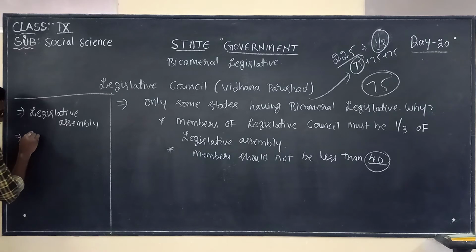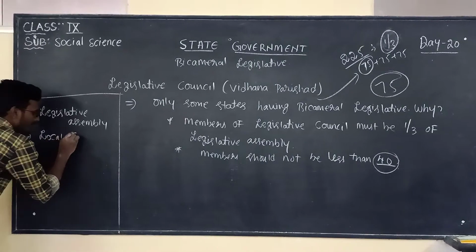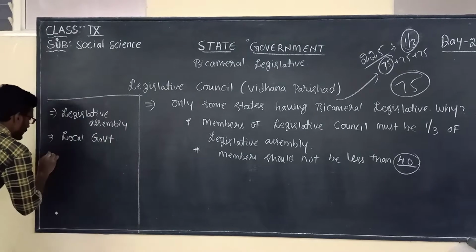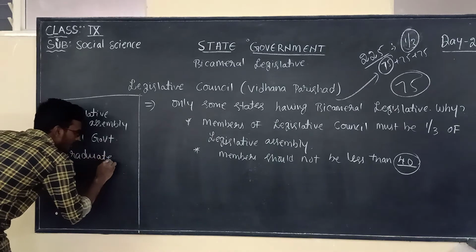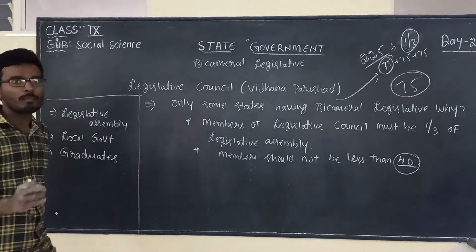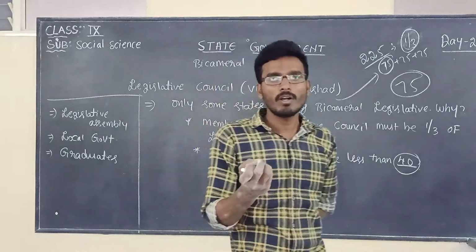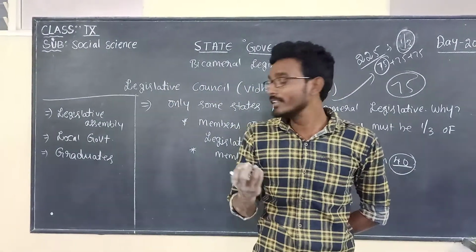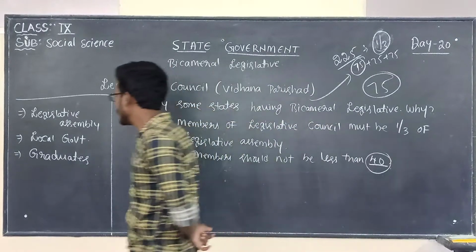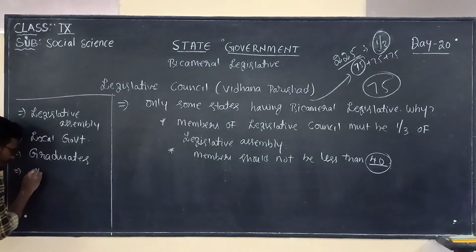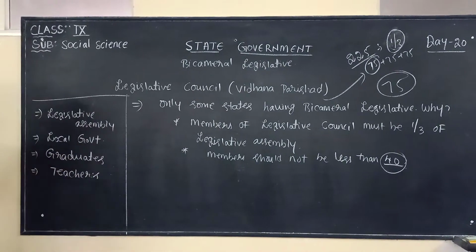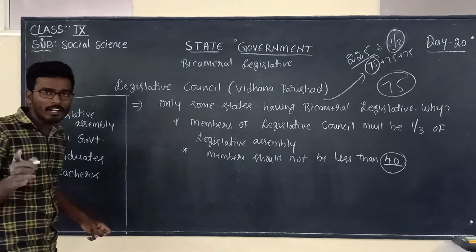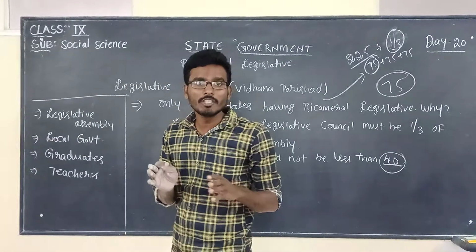The second one is local government. The third one is graduates. Graduates means the people who have completed a graduation degree. They are known as graduates. And one more, the teachers' constituency.